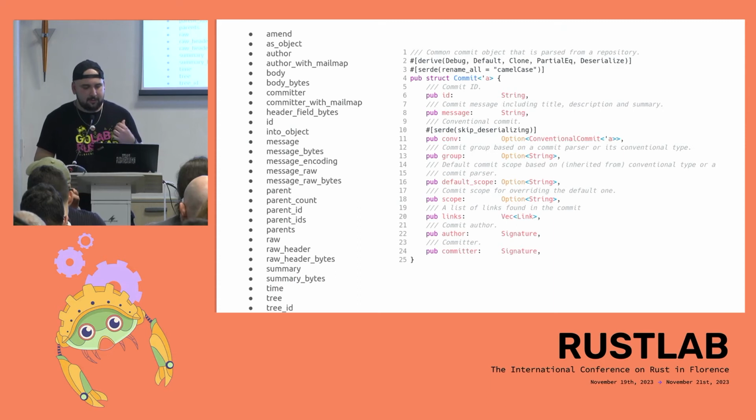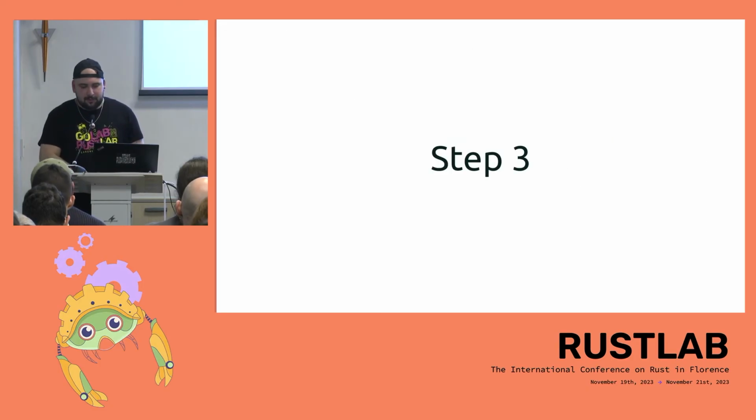Also, here's the commit object that I'm using in git-cliff. So it's a wrapper for these fields basically. Some of them are just straight up coming from Git2. So just to give you an idea what you can do with the Git objects, here is the list of things.